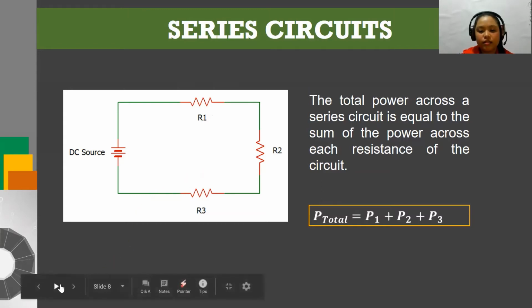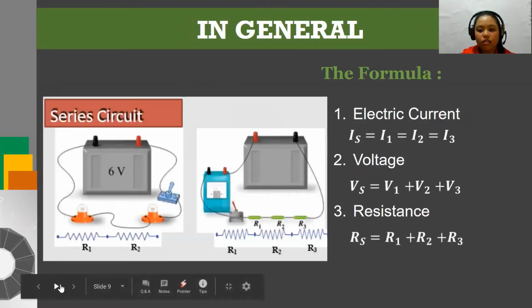So next, we have here the formulas. We just summarize what we've learned from the past slides. In general, in a series circuit, the electric current is just equal at all the nodes. So the current from the source, into this load, to this load, is just equal.